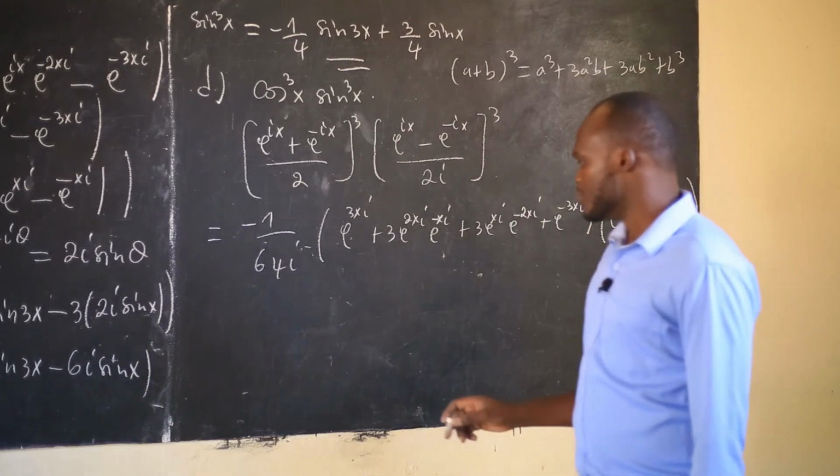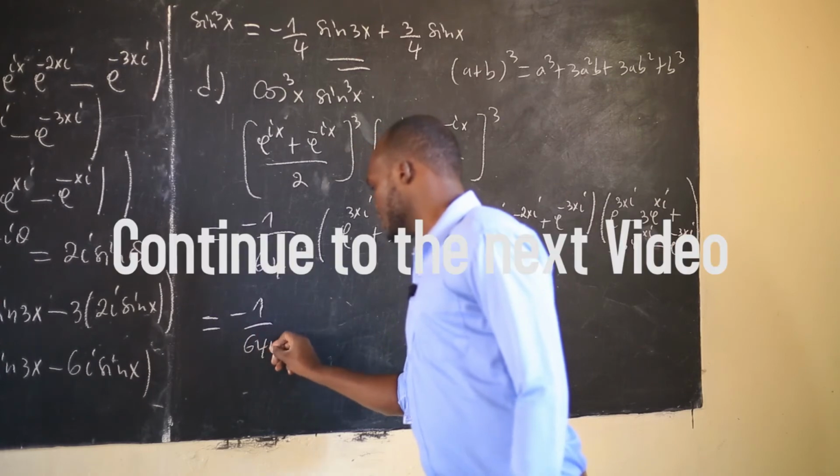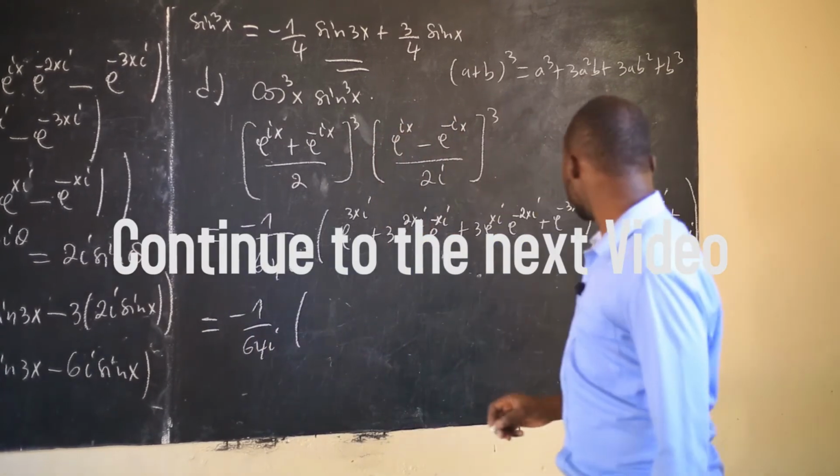Okay, the answer will be negative 1 over 64i into bracket.